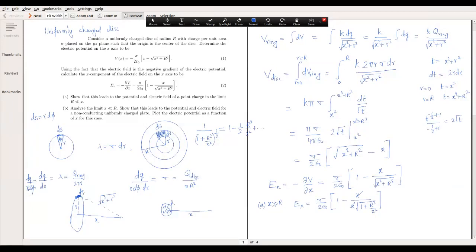There are higher terms in this, which we don't have to keep because this is so small. When you square it, it's going to be further small.